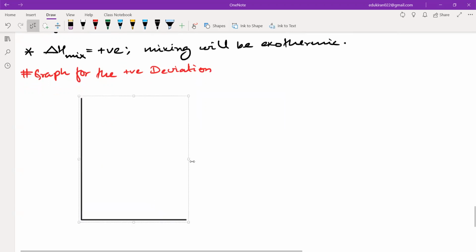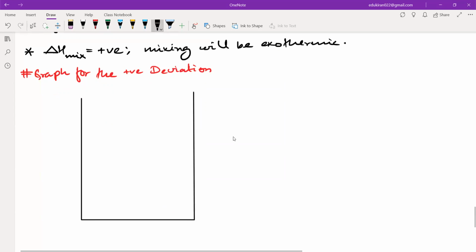So the graph will be similar to Raoult's law, but there will be some changes here. Some things will be similar, obviously. We'll first put up the ideal situation, and then we will put up the positive deviation.